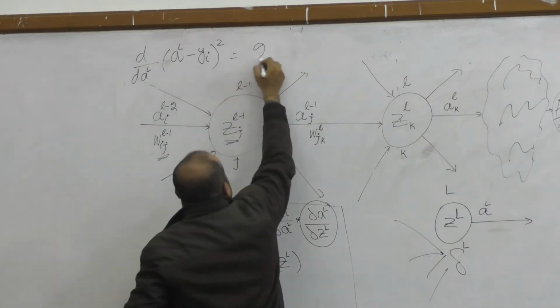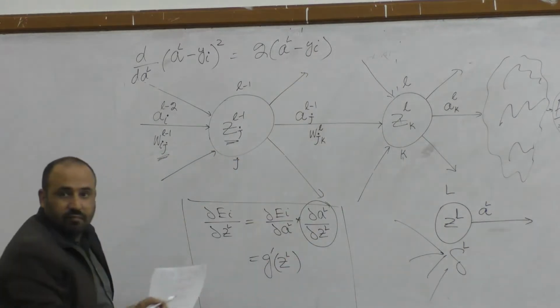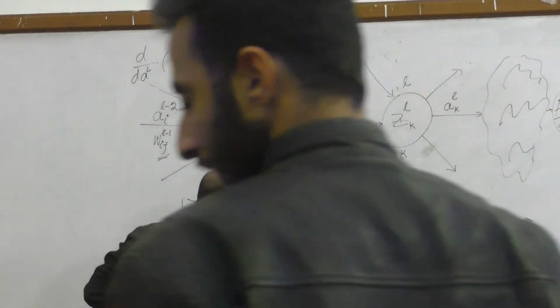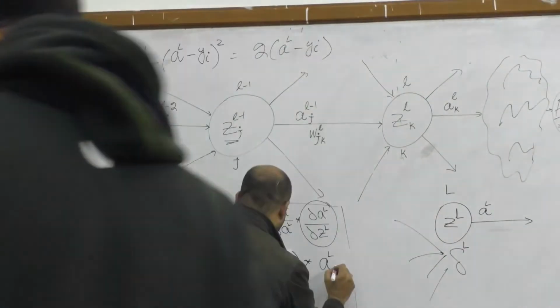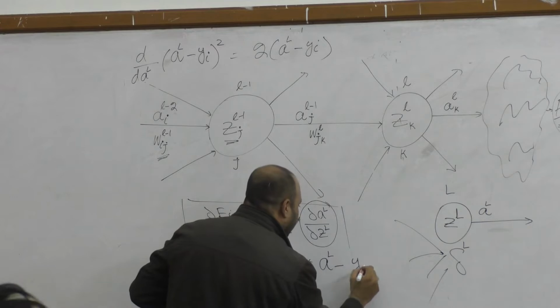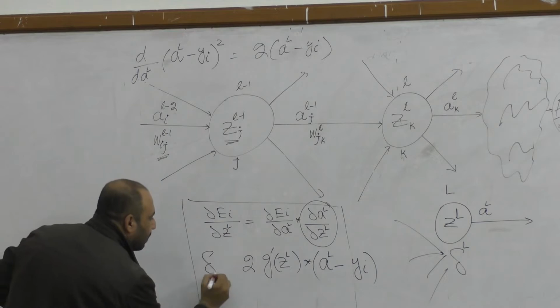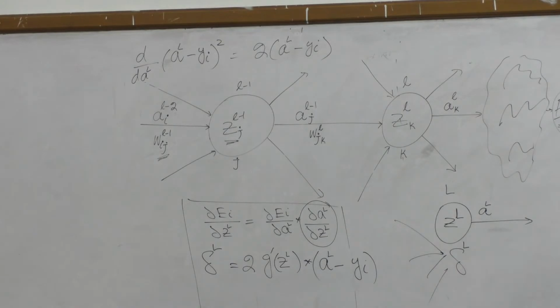This is 2 times (AL minus y_i). I'm writing this 2 here, and then we have AL minus y_i. This is your delta L. That's it. You are done. You found your delta L. You found delta at the last layer.